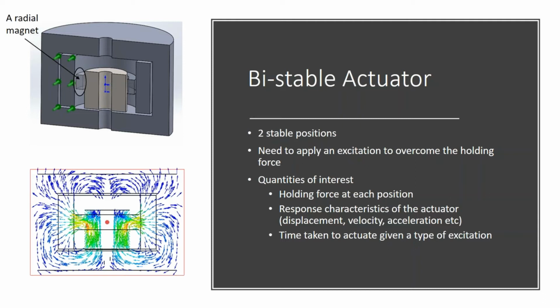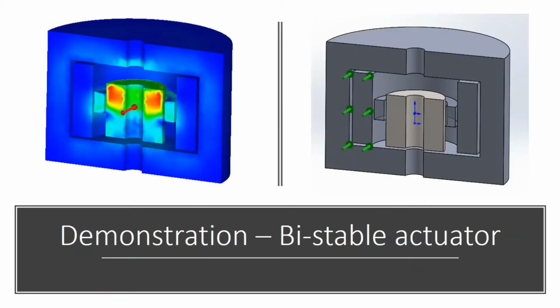So with this, let me jump into SolidWorks, where I can use a real bistable actuator for micro actuation devices, and I can tell you how it is done in EMS. As I stated earlier, we have several objectives for this simulation. The first is to understand the forces acting on the actuator itself. The second is to understand the response of the actuator under a particular excitation of the coil.